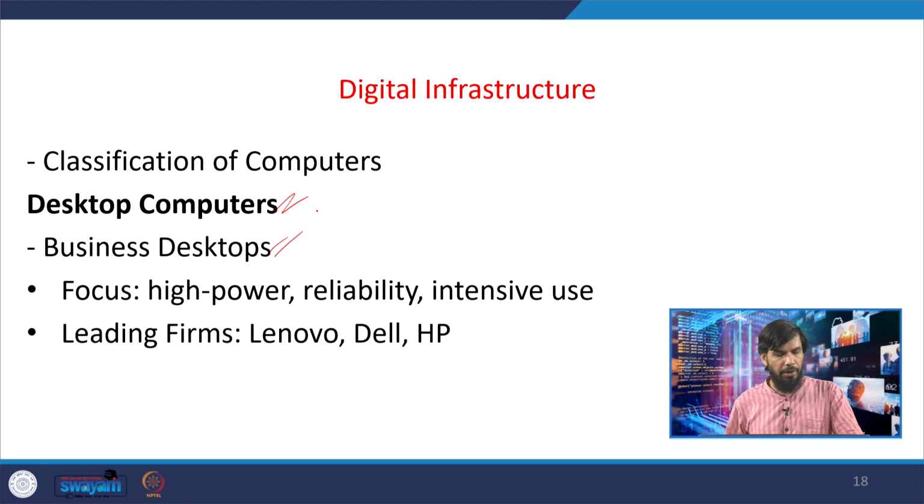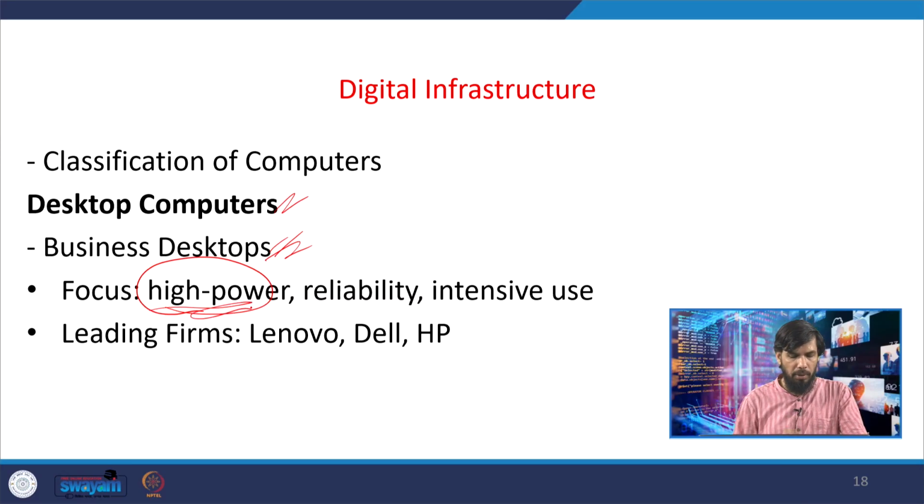So this is the next category under desktop computers, business desktop. In this case the focus is on high power, because business computing would be slightly on the higher side. It might be a regular executive working with the desktop computer for a longer period of time, and also some intensive tasks.